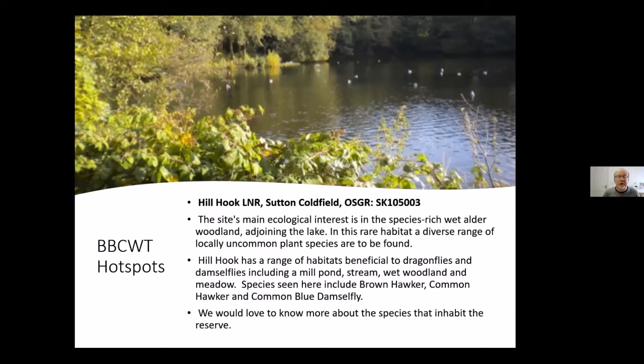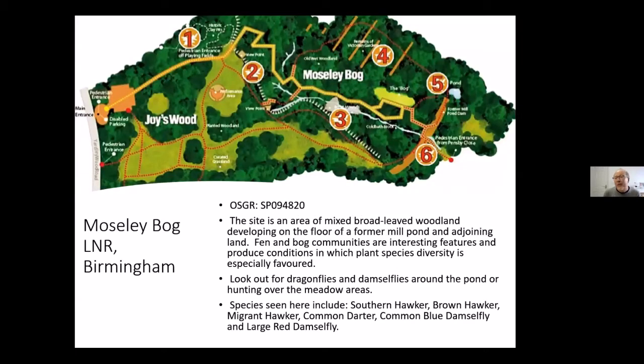So one of the things we would love is for you to add this site onto your weekend visits and to submit your sightings. Similarly, Moseley Bog. The name doesn't necessarily entice people to go there. I mean, it's a bog, but as I mentioned earlier, dragonflies love that type of environment. But you look at the map, you've got bogland, you've got woodland, you've got open pastures, lots of paths for you to go on.